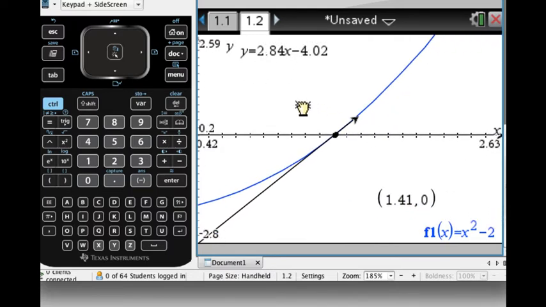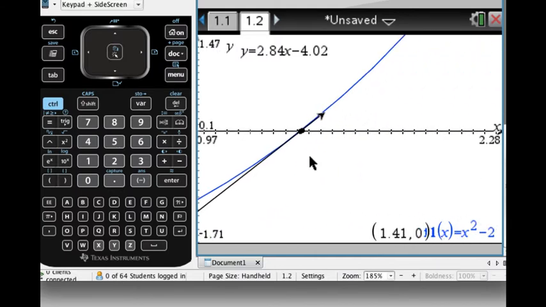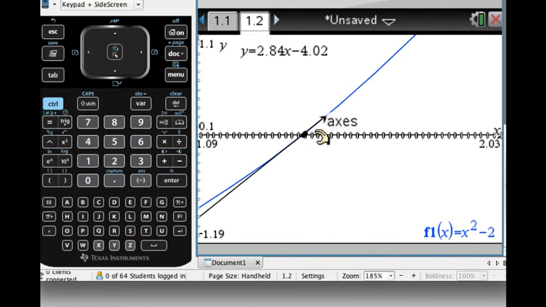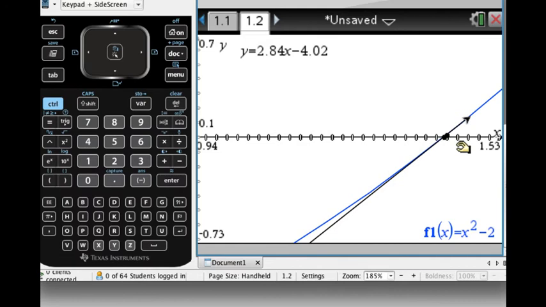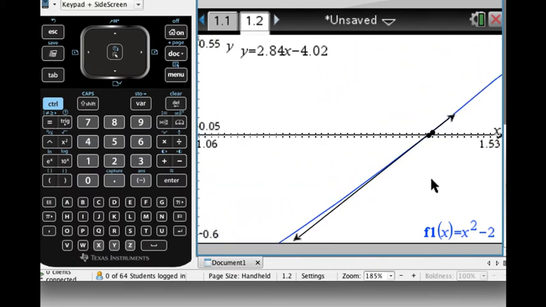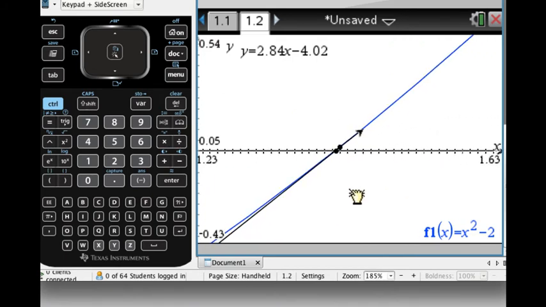And you'll be able to see that they really are close, but not exactly the same. And so I could continue this process. So that's the big idea behind it.